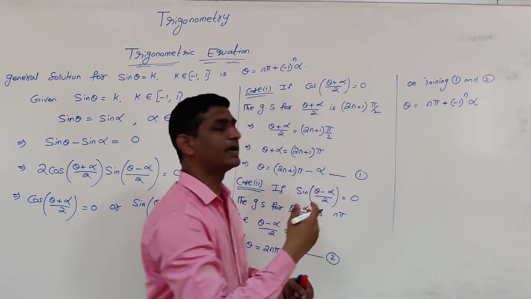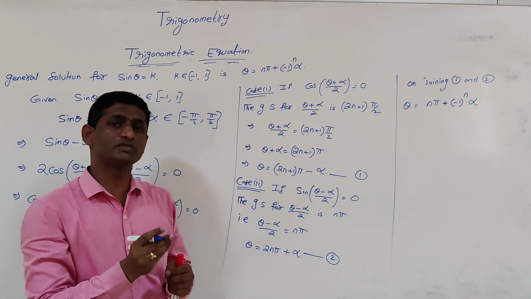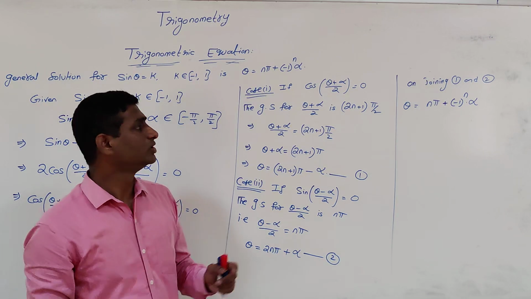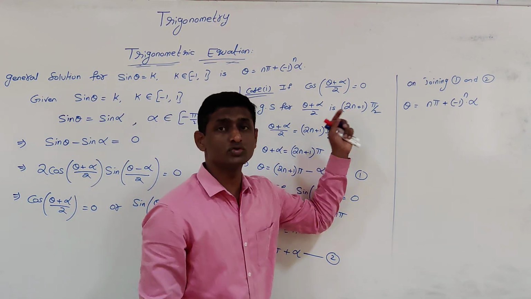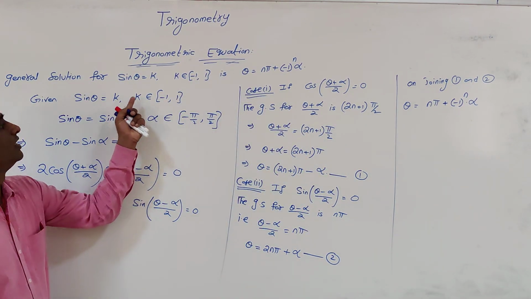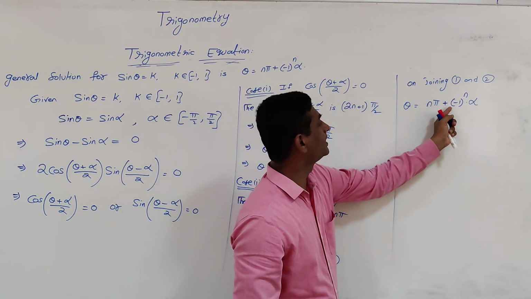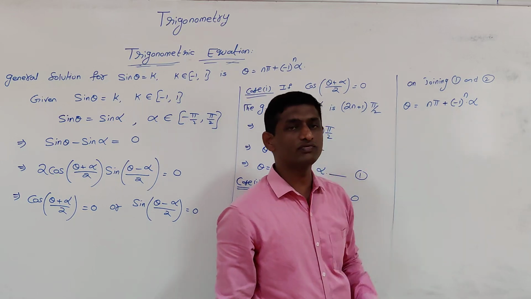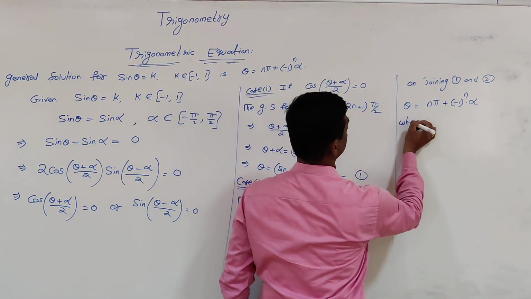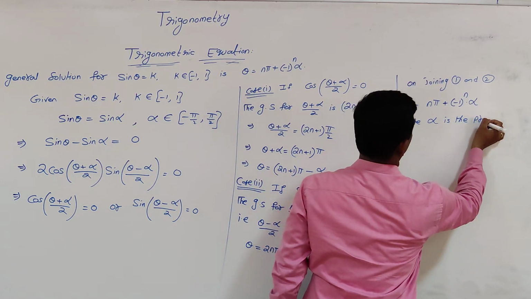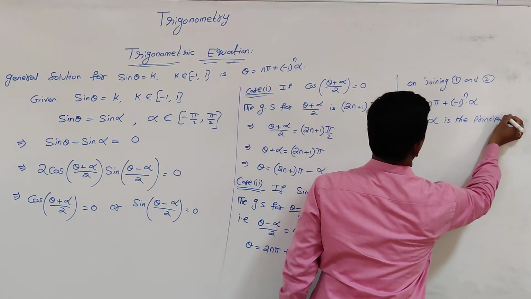Minus 1 whole to the power of an even number is positive, and minus 1 whole to the power of an odd number is negative. So in general, the general solution for sin theta is equal to k, where k belongs to minus 1 to plus 1, is theta equal to n pi plus minus 1 whole to the power of n into alpha, where alpha is the principal solution.